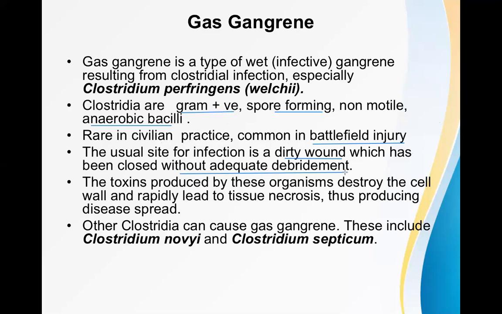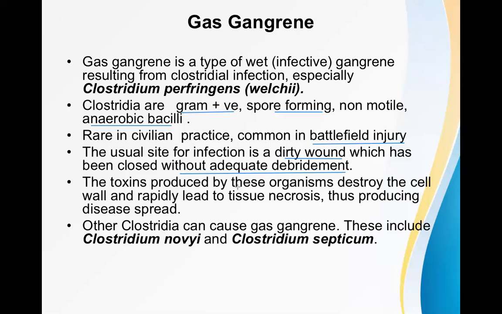So a dirty wound is a necessary point there. Sometimes there is a cut, a laceration, for example, and something is still there deeper inside the wound, but we have failed to remove it completely. We have failed to debride the wound cleanly, and then we have closed the wound with suture. This is a very important point in the development of gas gangrene.